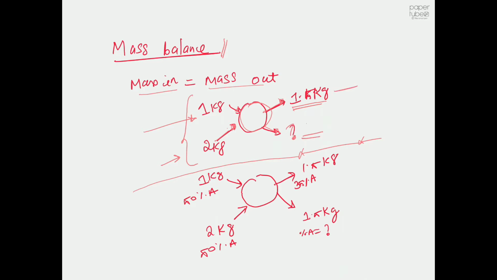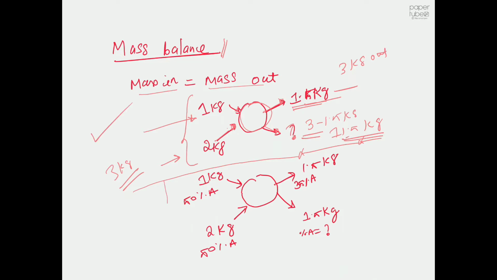You have 1.5 kg, so this will be 3 minus 1.5, so 1.5 kg. So in the output streams we have 1.5 kg plus 1.5 kg, so 3 kg out, and here 3 kg in. So what it means is that mass comes out. So this rule is okay.